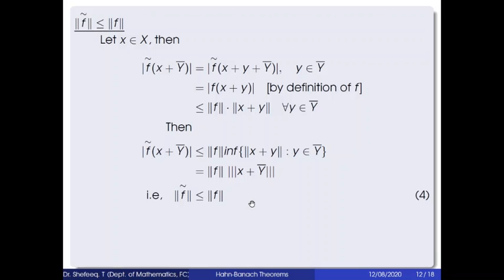So that means norm f tilde is less than or equal to norm f. So this is our equation number 4. So from 2, 3 and 4 we get norm f equal to norm f tilde which is equal to 1. So that means norm f equal to 1. So this completes the proof.